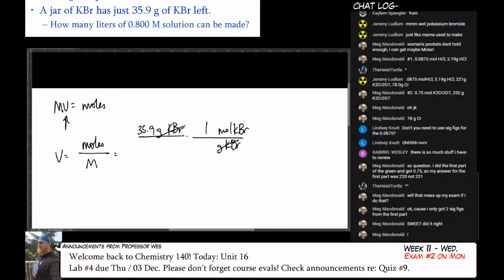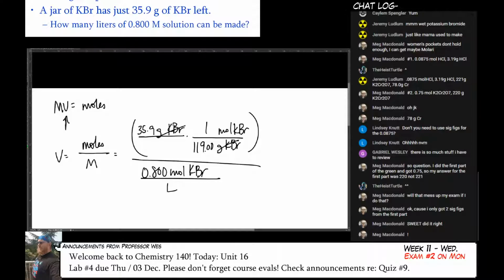And 1 mole KBr, I forget the molar mass. I think it's 119. So that in parentheses would be moles, because that's the only unit that's left. We then, again, divide by the molarity, which would be like this. Do the same thing. You could just then multiply by the reciprocal.